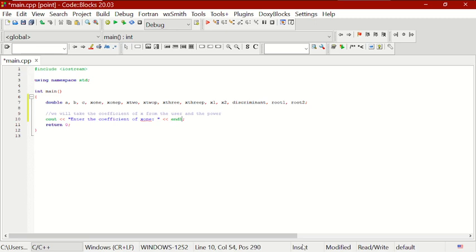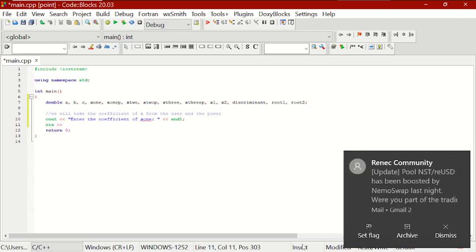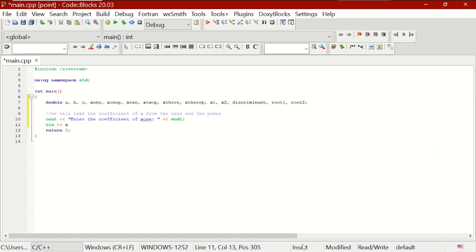And then we say cin. So cin, what do you want to store in that? I want to store x1. And we terminate that.